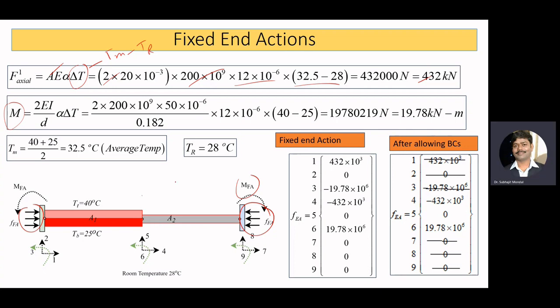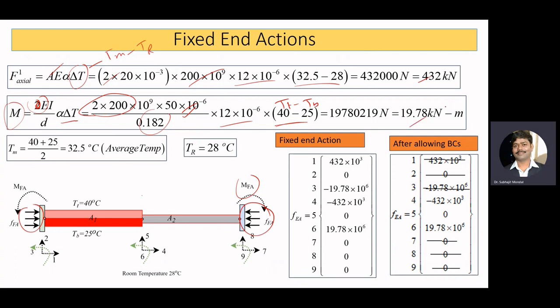Similarly, we can calculate the fixed end moment that will act here, and that value is EI by D alpha times delta T. E is 2E, the I value is known to us, D is 0.128, alpha is known to us, and delta T is the temperature at the top minus the temperature at the bottom.